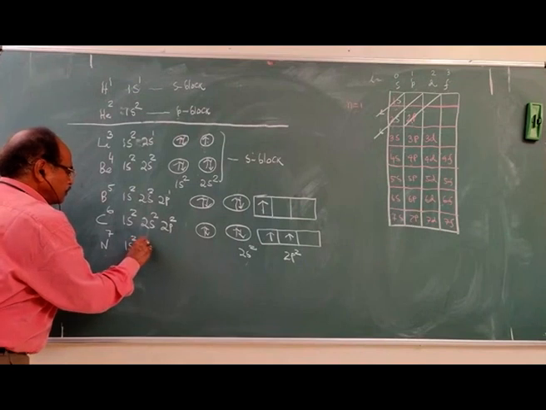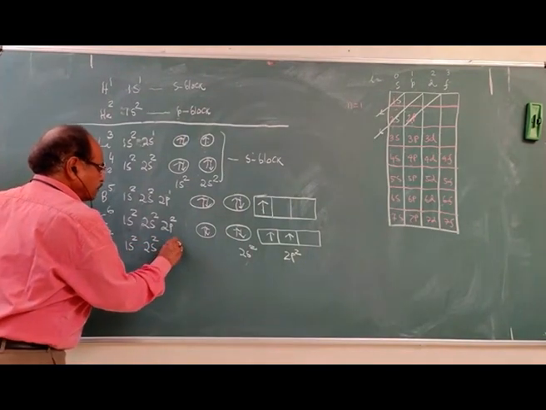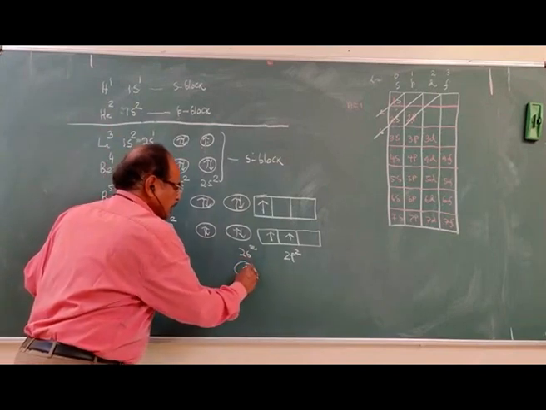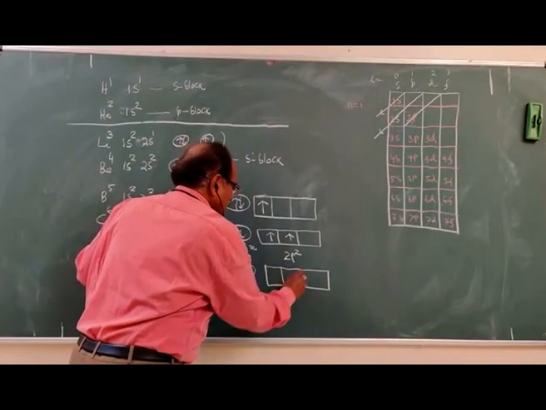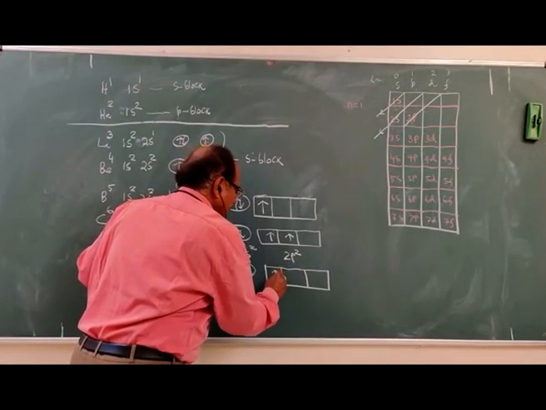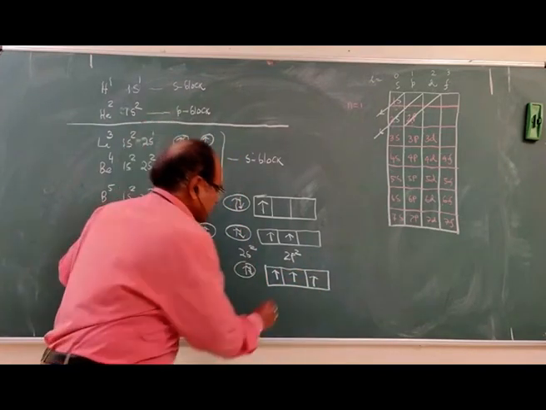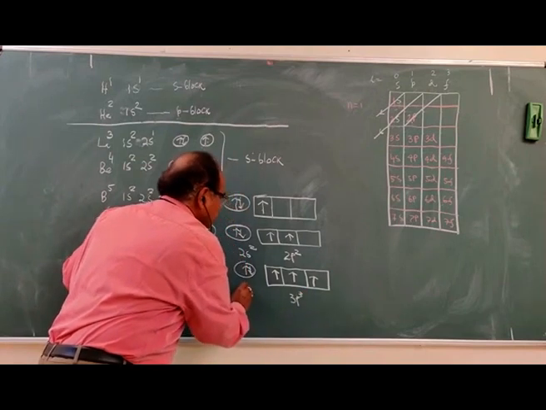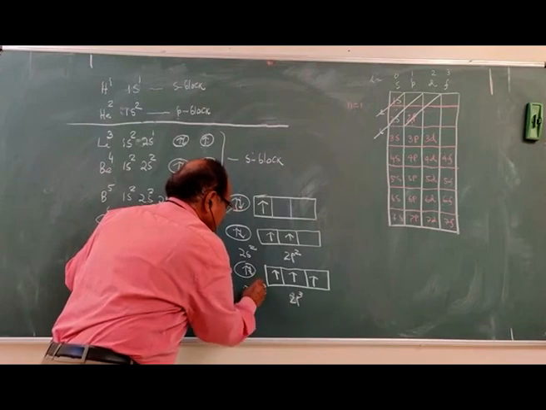It is 1s2, 2s2, 2p3. So there is 2s2 and there is 2p3. There are 3 unpaired electrons in the outermost orbital.